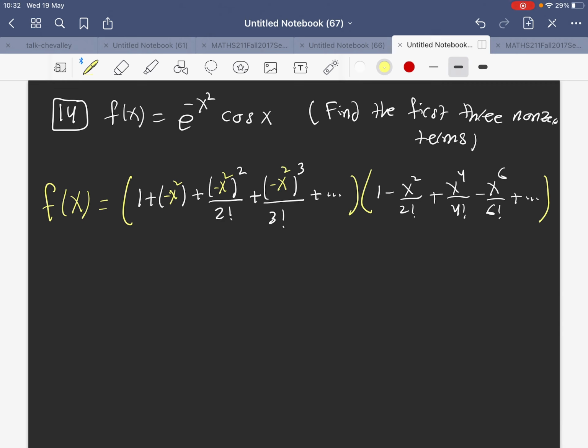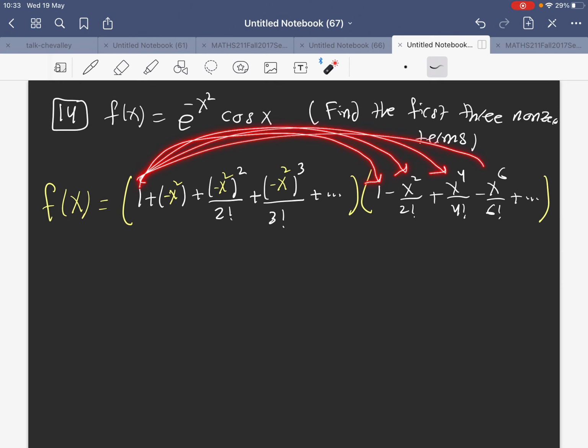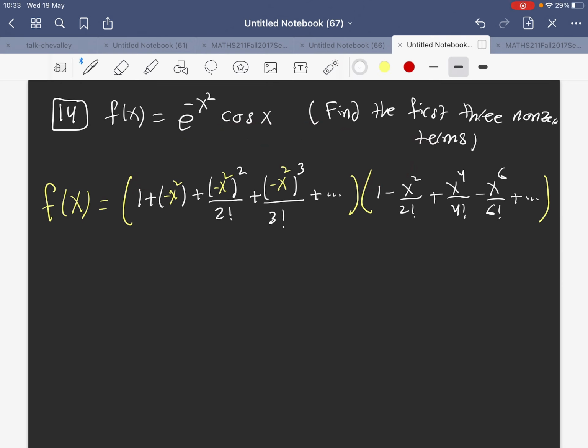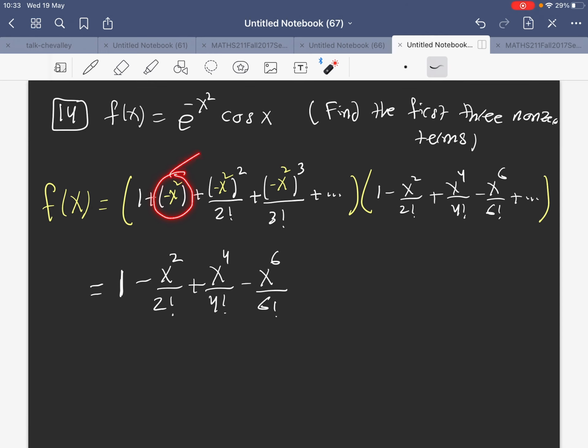And then we just multiply each one by each other. So the first with the first, first with the second, first with the third, and first with the fourth. Now, first with the first, this is 1. First with the second, x squared over 2 factorial, x⁴ over 4 factorial, x⁶ over 6 factorial. Next one will be negative x squared with everything.